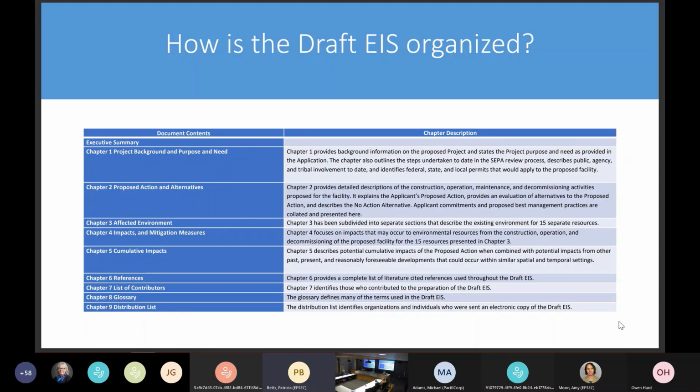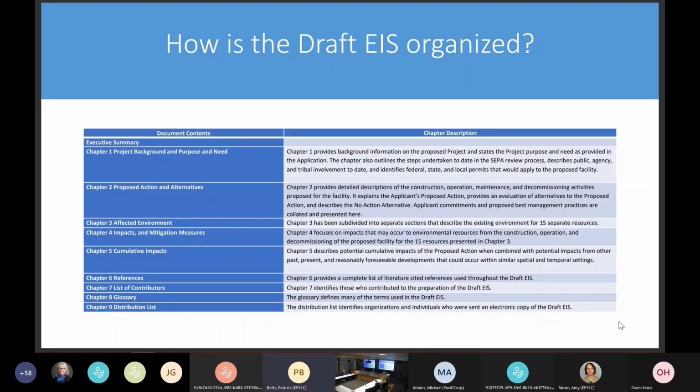And those are magnitude, duration, likelihood, and the spatial extent or setting of the impacts. Each factor helps the reader to consider how much of an environmental concern the impact should be. And the beginning of each resource section in Chapter 4 defines these 4 factors.